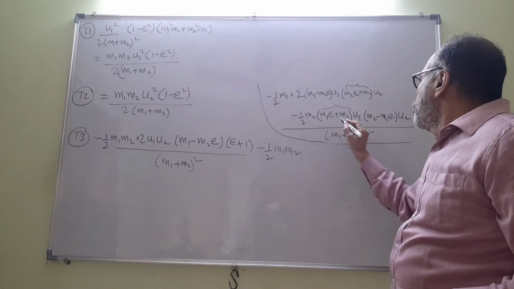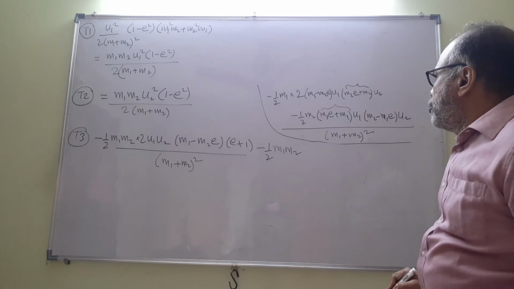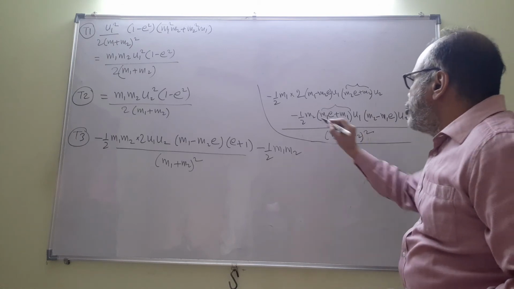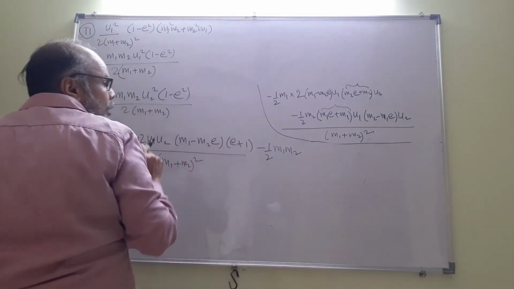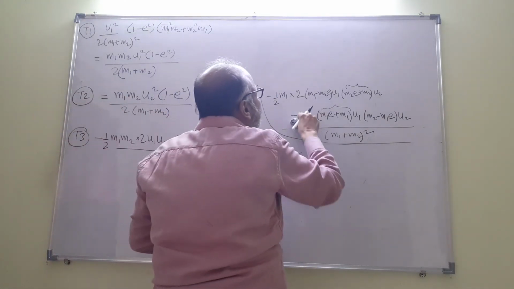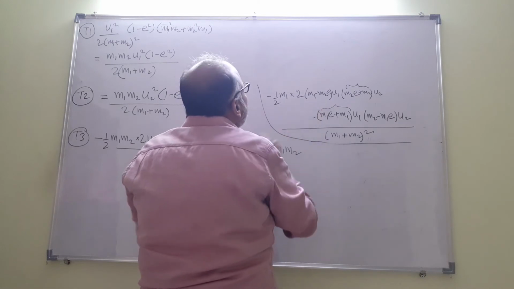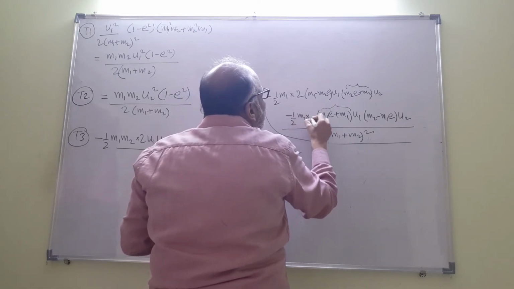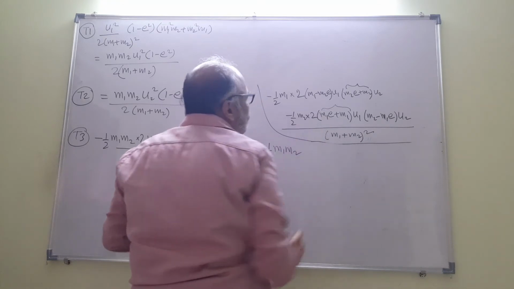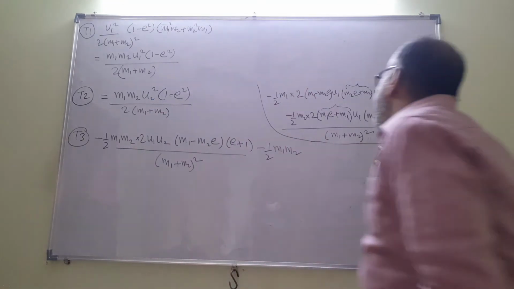Then you have 2. Again you have a 2 term here. There will be a 2 also here because of the 2ab term. We have missed that. So let me add that 2. So minus half m2 into 2 into, yes, 2ab term.